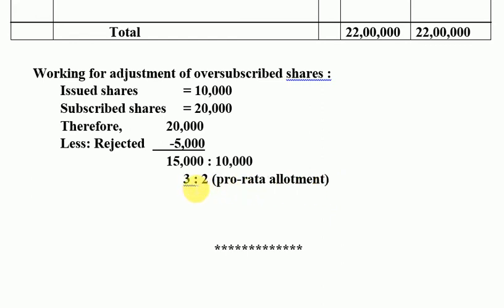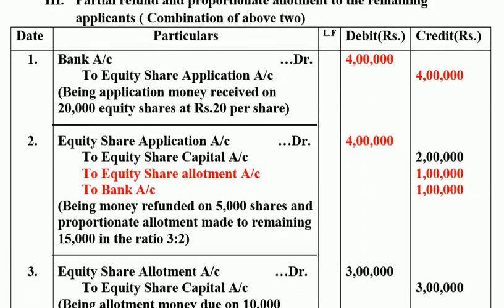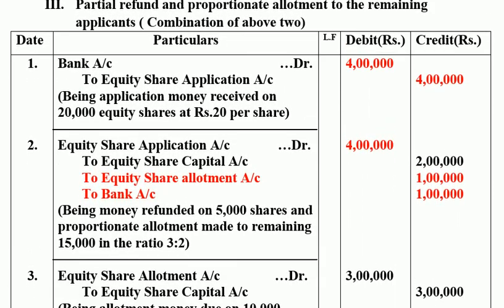Those who apply for 30 shares will get 20 shares by the company. This is the importance of this ratio 3 is to 2. Now with this working in mind, let us go into our entries. Remember, out of 20,000 shares, 5,000 shares have been rejected, and the pro rata allotment is made on 15,000 shares.